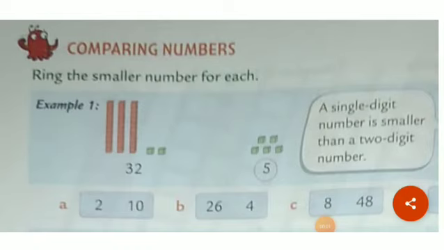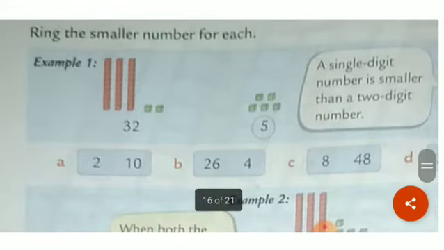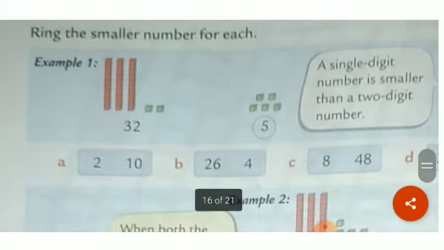Now on next page, page number 22, comparing number topic is given. We have seen smaller numbers and bigger numbers. Okay, we can compare the number as smaller and bigger number. So here first question is ring the smaller number. So see, these examples are given. So here in the example A, 2 and 10 numbers are given.